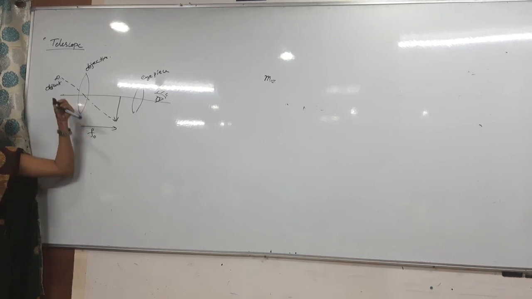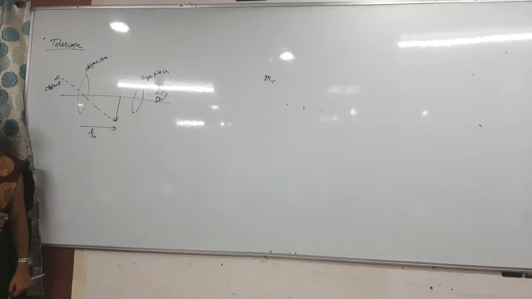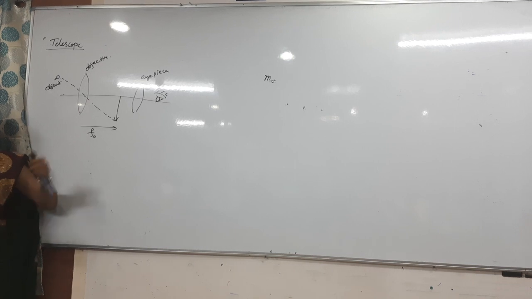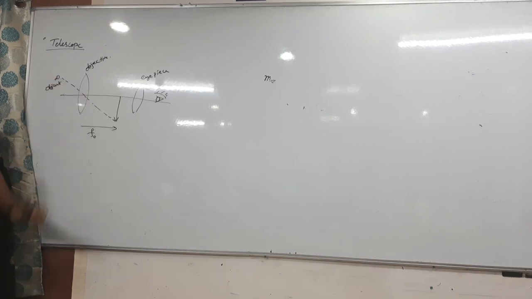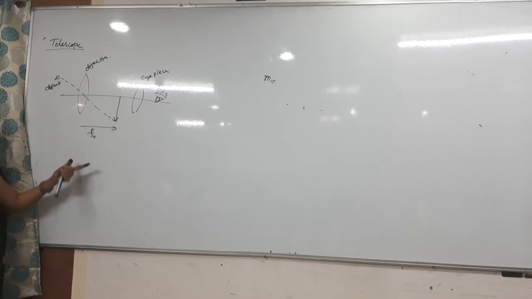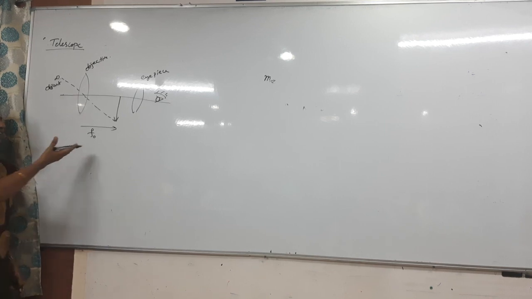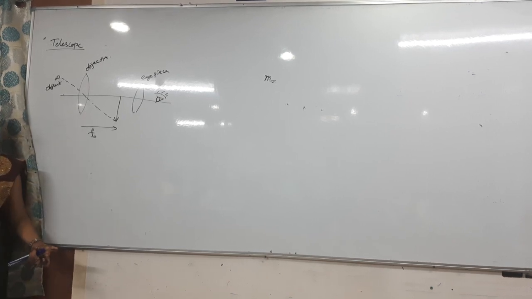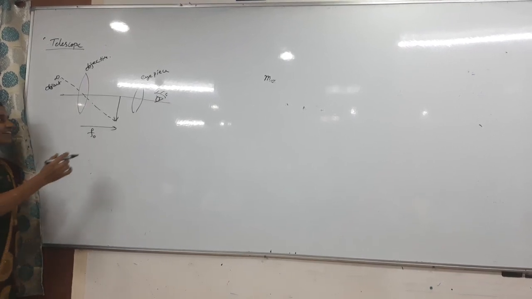So V naught will be equal to f naught only, no? Why? Because the object is placed at what distance? Infinity distance. You only said that the object is placed at infinity, so where will the image be formed? Image will be formed at focus. I have written focus only.